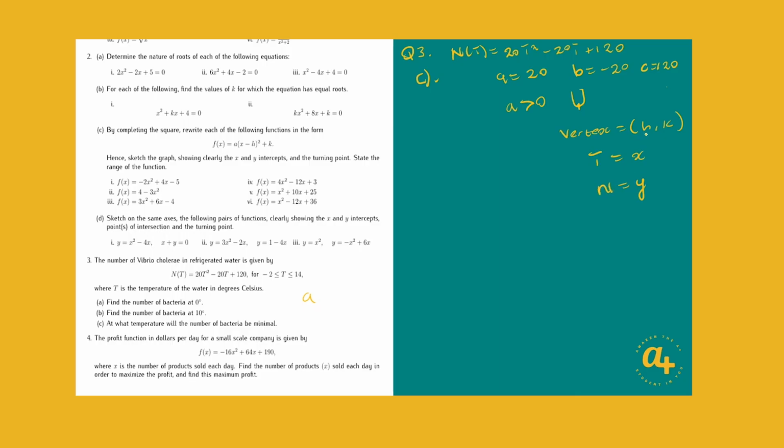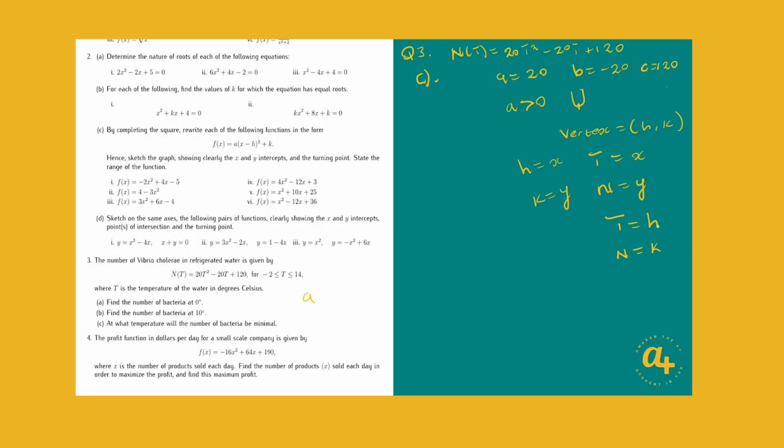Remember, h is the x coordinate and k is the y coordinate. Therefore, in relation to question 3c, our temperature t equals the h coordinate of the vertex, and our number of bacteria, n, equals the k coordinate of the vertex. When we are being asked to find the temperature which gives us the lowest number of bacteria, we're simply being asked to find h.